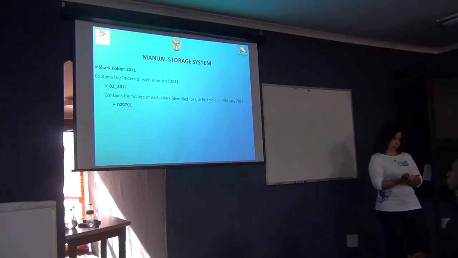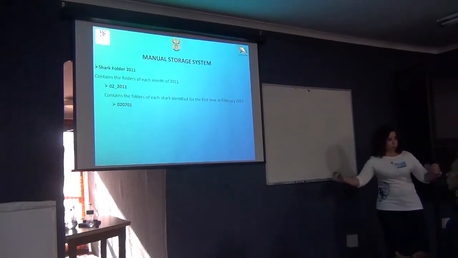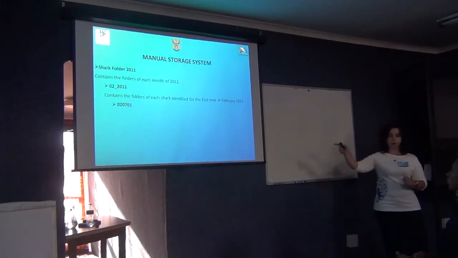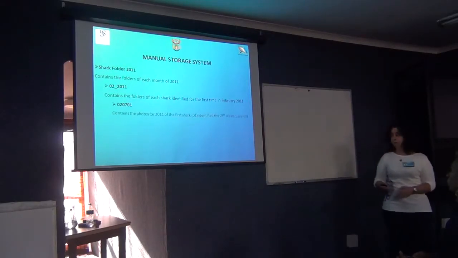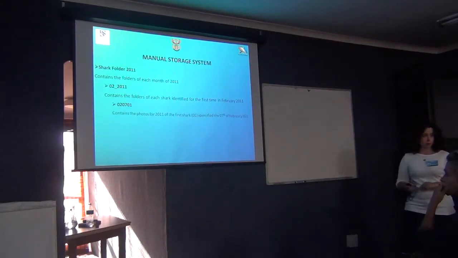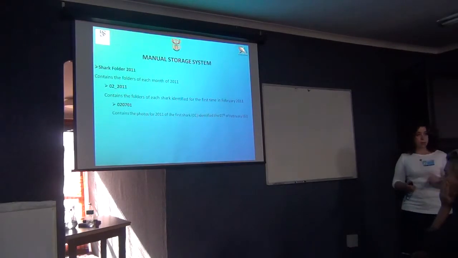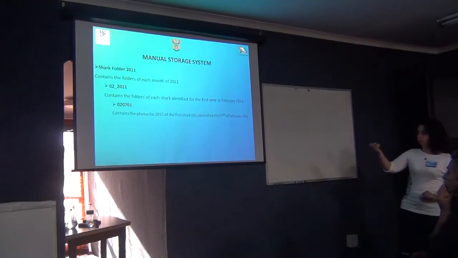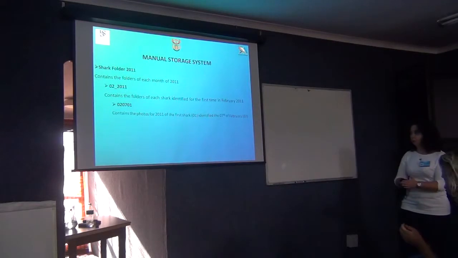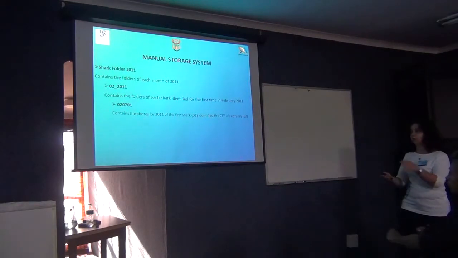So I make a folder. Every time I want to see which are the photos of this shark, I have all the photos in the same folder. Now, the photos themselves will be called with the name of the folder. So, all the photos of the first time I identified the shark will be called 02, 07, 01.